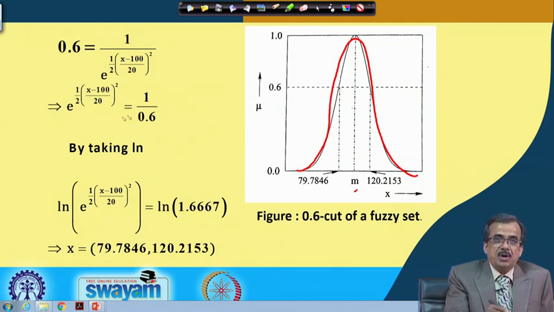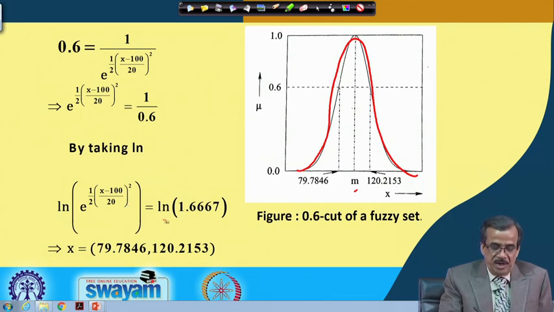Now, we can take log on both sides, so ln, that is log base e. So, the exponent half times (x minus 100 divided by 20) squared is nothing but ln of 1.6667, and if you simplify, we will be getting the values for x.